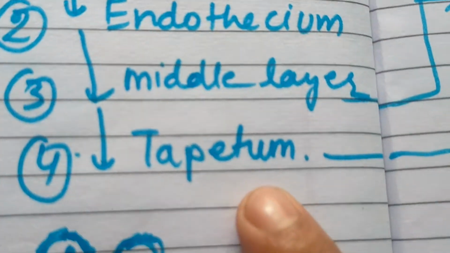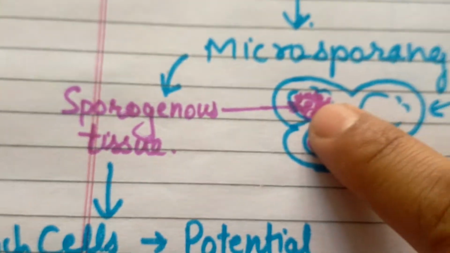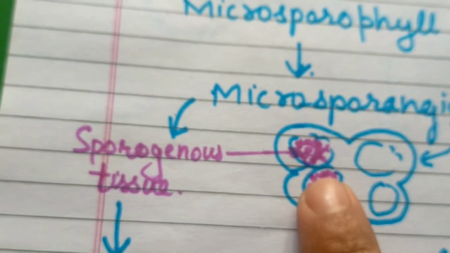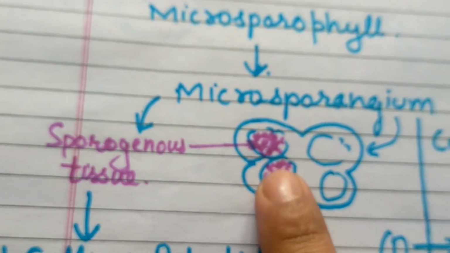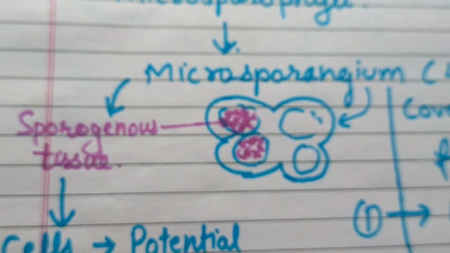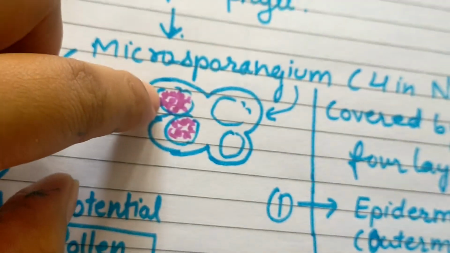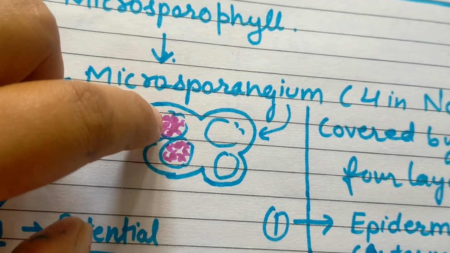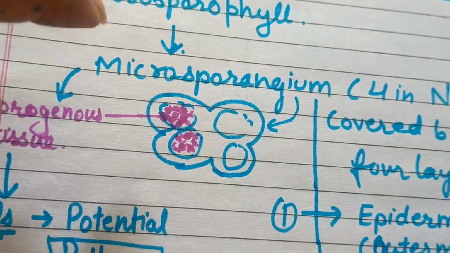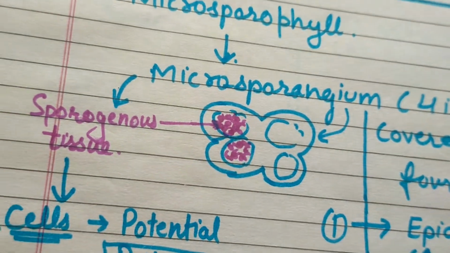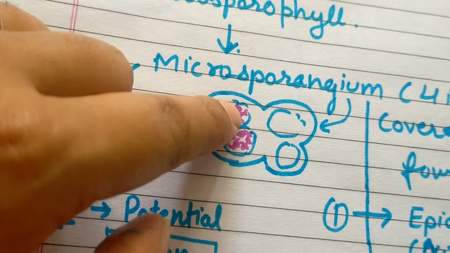Okay, so just check what is present in these pollen sacs, or you can say microsporangium. These microsporangium contain sporogenous tissue inside them.